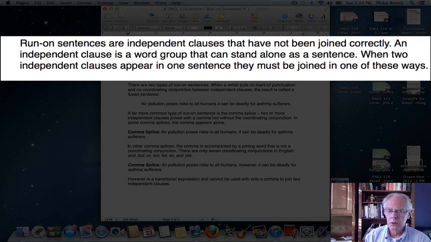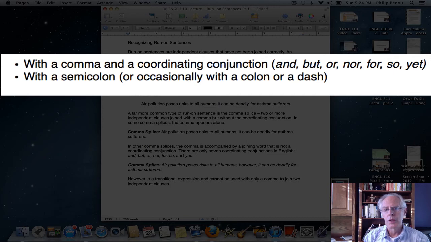When you've got two independent clauses in one sentence, they have to be joined in one of two ways, and here they are. You can join them with a comma and a coordinating conjunction. And here's just a brief listing of the coordinating conjunctions: and, but, or, nor, for, so, and yet.